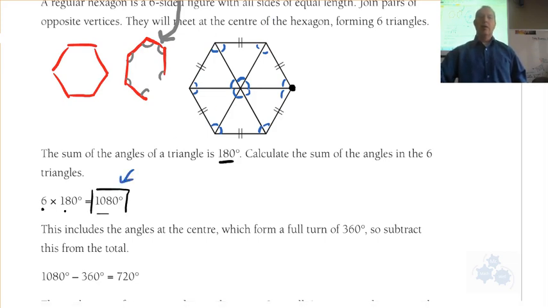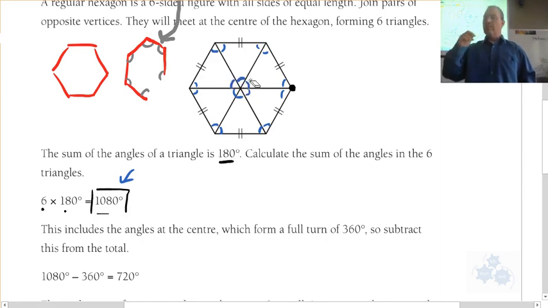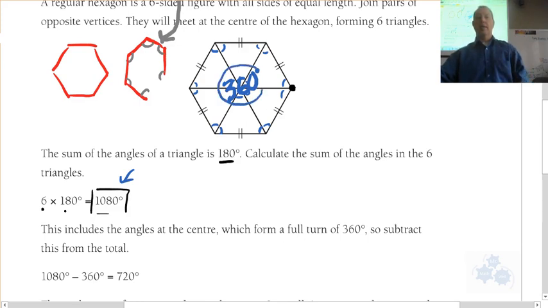Because here's one triangle that has 180 degrees with this angle, and this angle, and times 6. Now, what you might notice is that the angles on the inside surrounding this center point, those angles would add up to what? 1 full time around a circle, which would be 360. So this, right here, the middle angles are 360 degrees. Doesn't matter what each one is, but we know that all of them are 360. Okay?